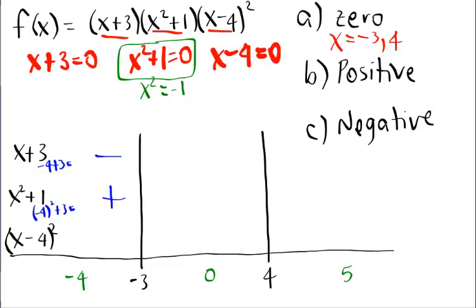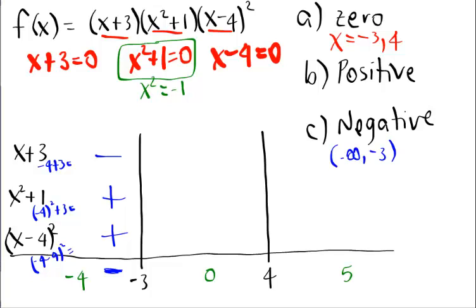And then we're going to check negative 4 minus 4 squared. What does that equal? It also is positive. And so basically you've got a negative number times a positive number times a positive number, which makes a negative number. So we're less than 0 from negative infinity to negative 3.